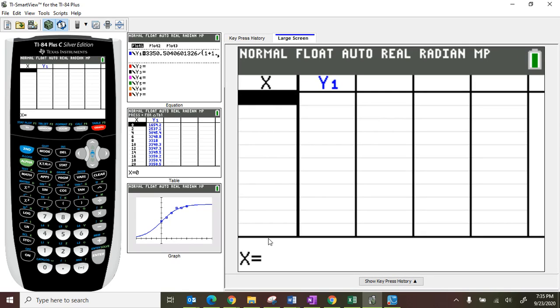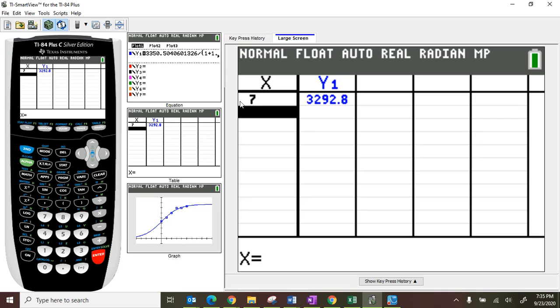Notice how it cleared everything off from the X column and the Y column. You can ask whatever value you want. If I want 2 years after 1994, 1996, I hit enter, and that's what we get: 3,292, because we round down since you can't have partial bombings.